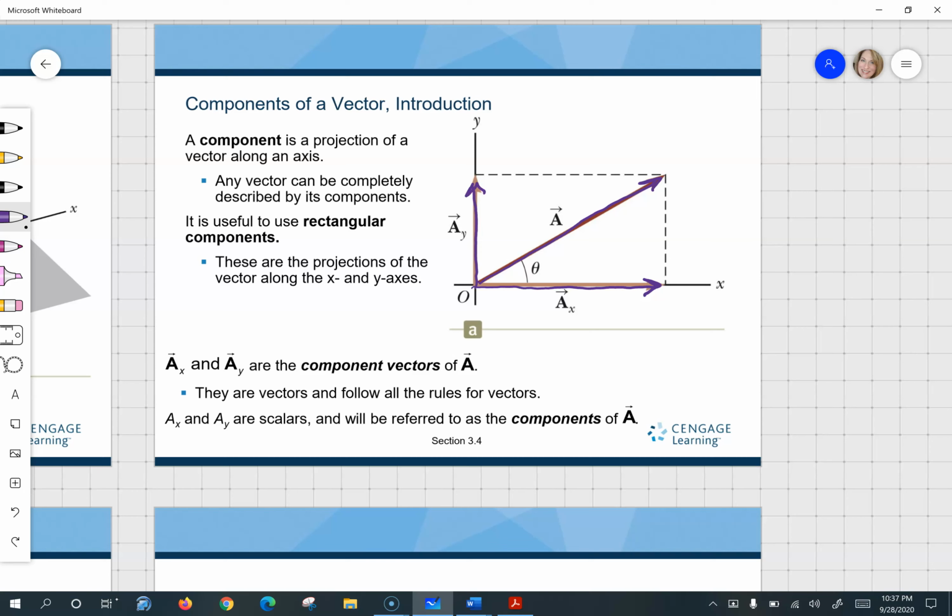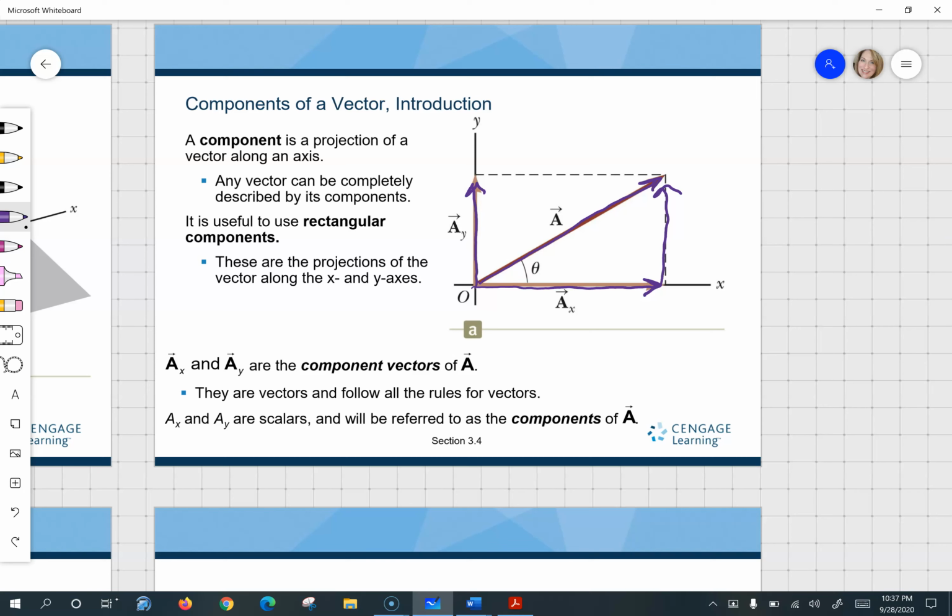I'll show you in the next slide, but I don't like it this way. I like to complete the right triangle, and you're allowed to do that. But let's just use this slide for a second. So here is your component in the x direction and your component in the y direction.